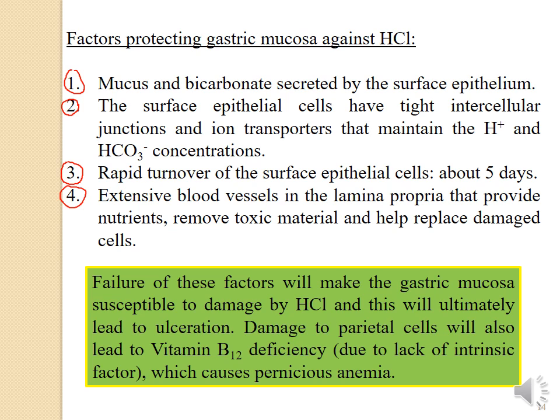Now, vitamin B12 is important in erythropoiesis, the formation of red blood cells. So if we have deficiency of vitamin B12, we will have reduction in the formation of red blood cells, and this will lead to anemia. Anemia caused by vitamin B12 deficiency is called pernicious anemia. So ulceration of the stomach that leads to damage of parietal cells is accompanied by pernicious anemia.